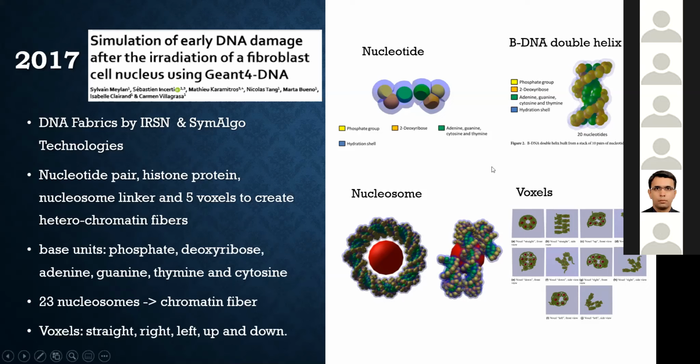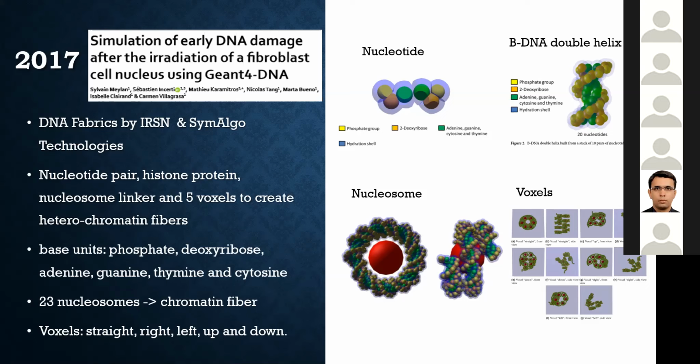So, for example, in this simulation, first of all, it's a fiber, a heterochromatin fiber. And what is this? To create this chromatin fiber, a nucleotide is created. As you can see here, it's not like we build a cylinder and that's the nucleotide.